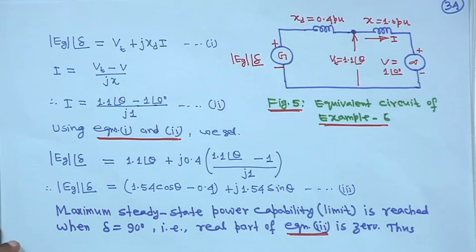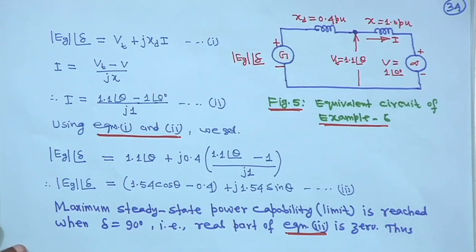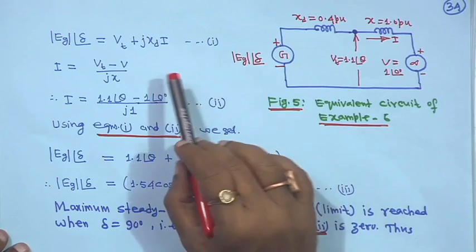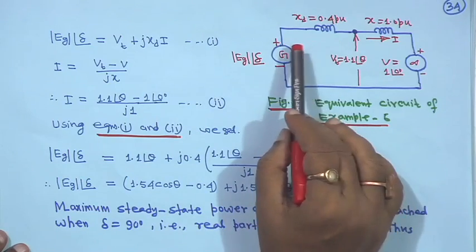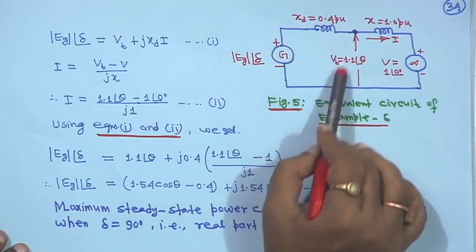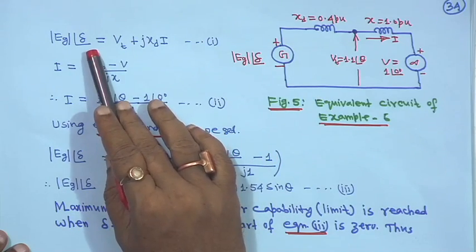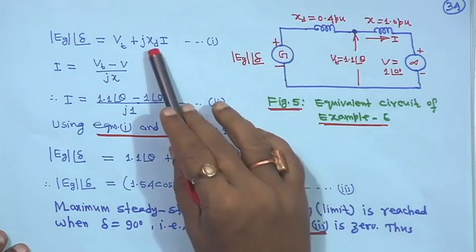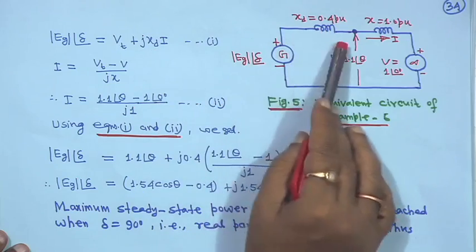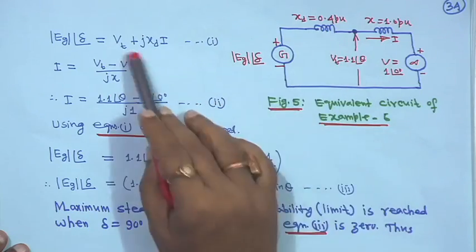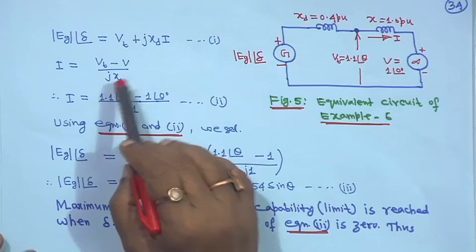Now, what you will do is first apply KVL in this. So, it is E g angle delta is equal to j x d I, current flowing through this is I, plus V t, right. This is one equation.